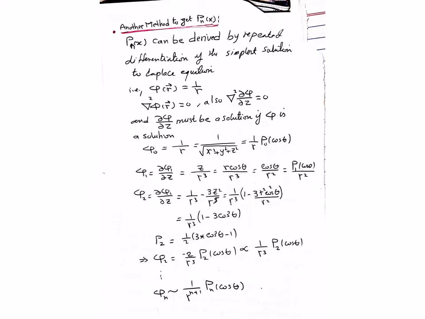Now phi 2 is d phi 1 by dz, which is 1 over r cubed times 1 minus 3 cosine squared theta. This is the P2, and so on.